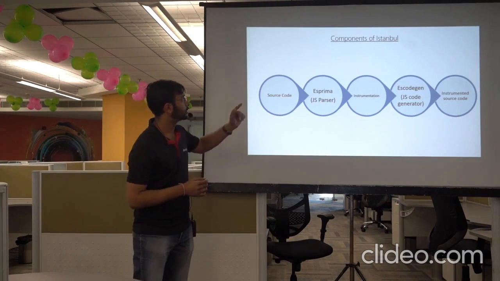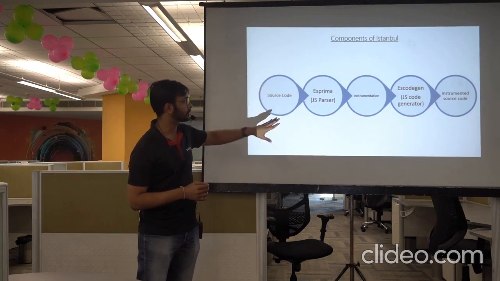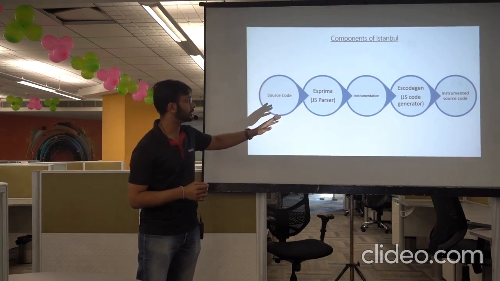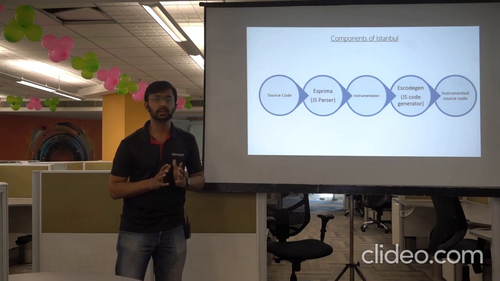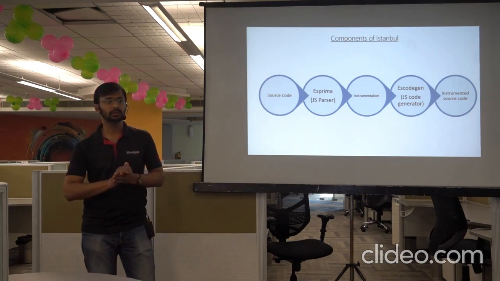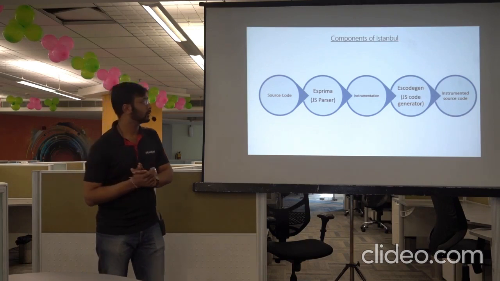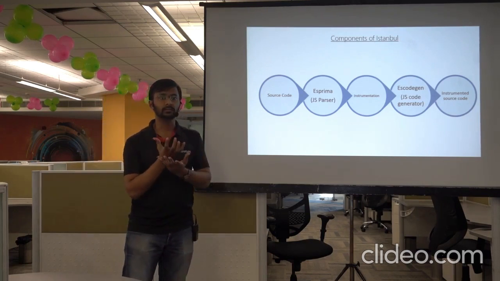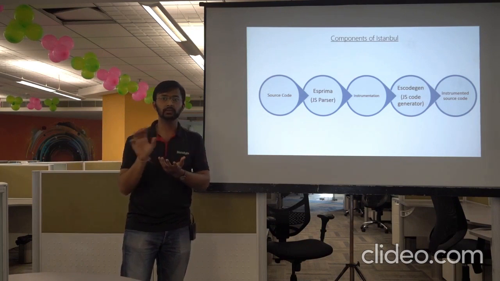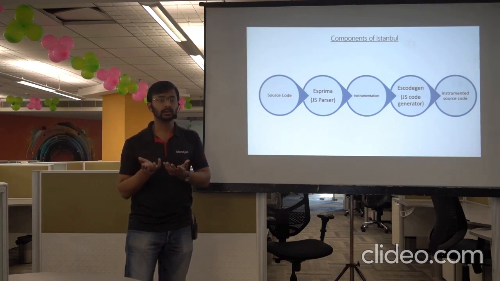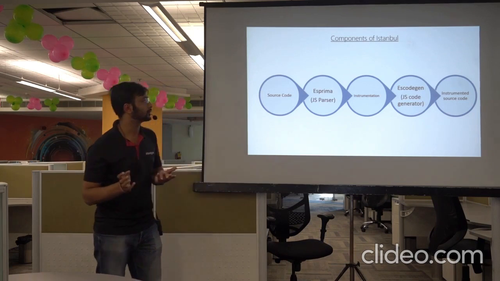Then it is Istanbul's task to inject a coverage variable into that syntax tree. That coverage variable is nothing but a map that stores coverage information for each of the JS files. Because we need something to sit upon the code and look over it, whether this line was touched, whether this branch was touched, whether this statement was touched or not.